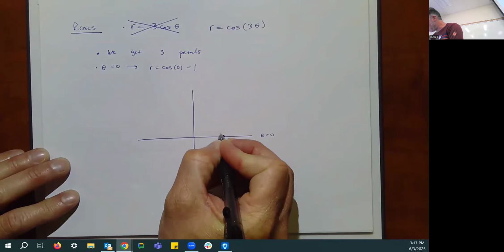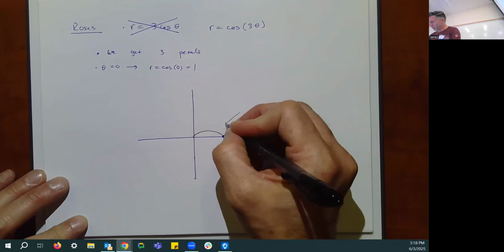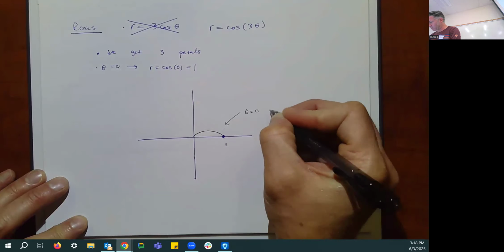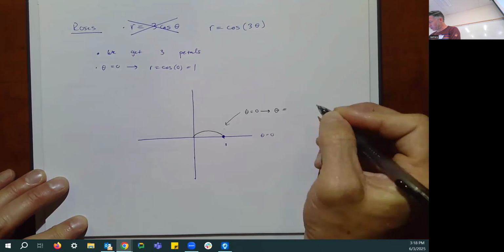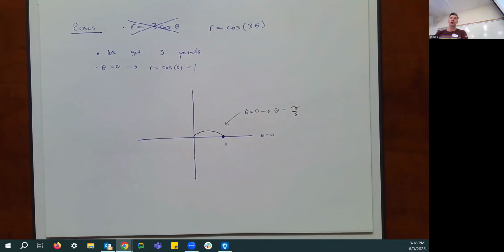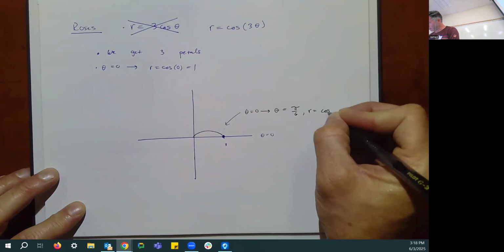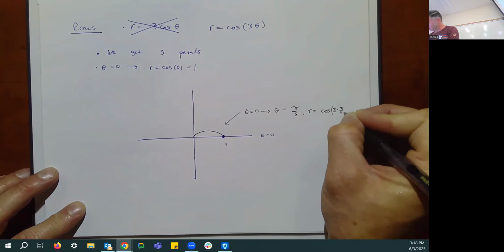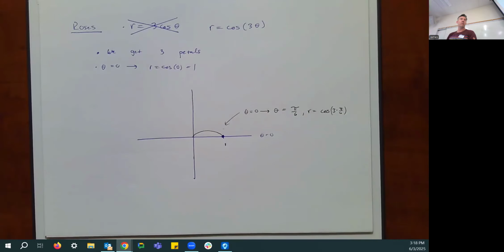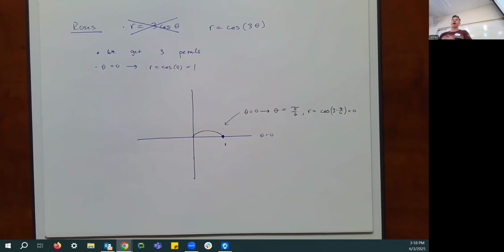From here to here, that's the section from theta equals 0 to theta equals pi over 6. Because when theta is pi over 6, your r is going to be cosine of 3 times pi over 6, which is cosine of pi over 2, which is 0. So that's half of your first lobe or petal.